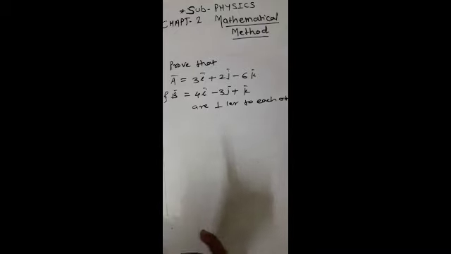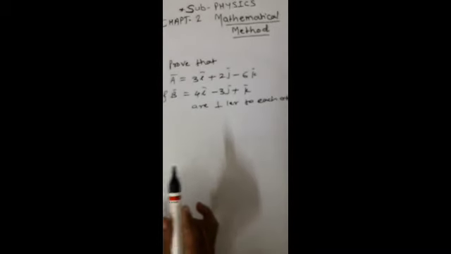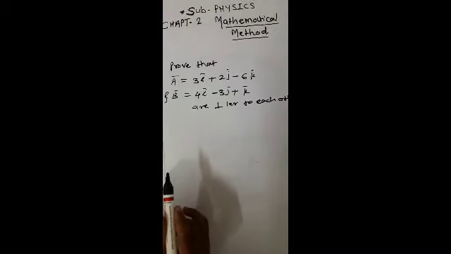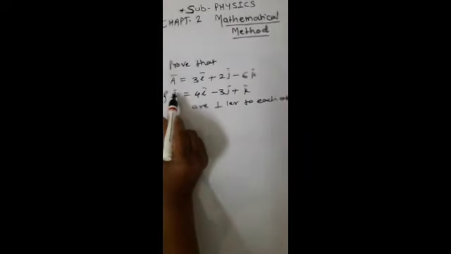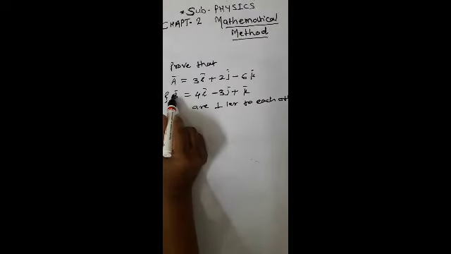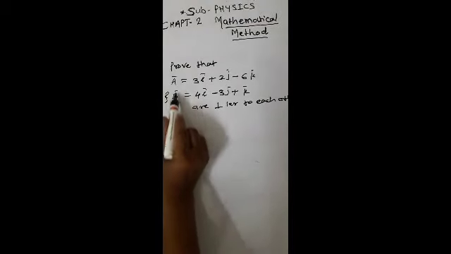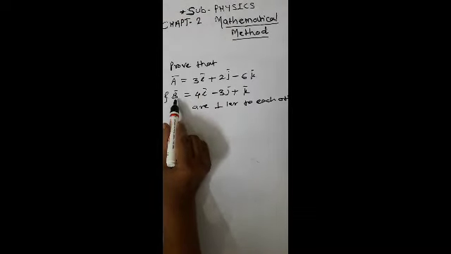You have to remember the property of the scalar product of two vectors. If two vectors are mutually perpendicular, then their scalar product, or dot product, is equal to 0.